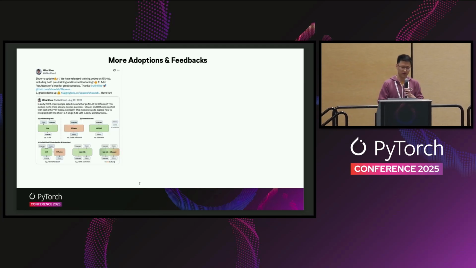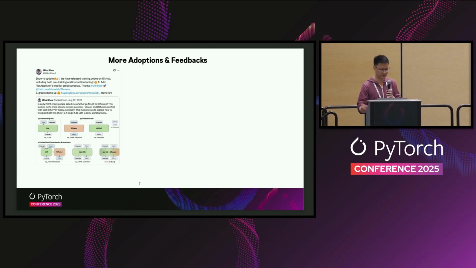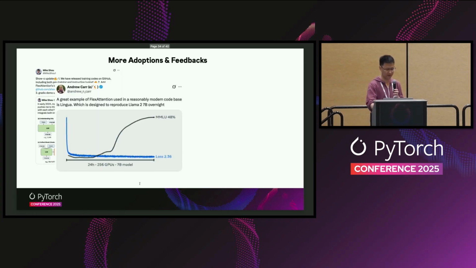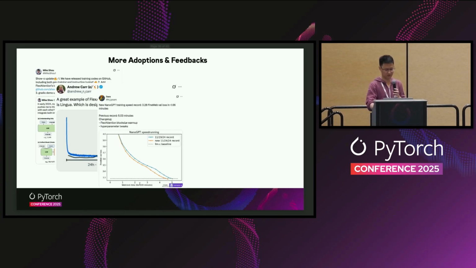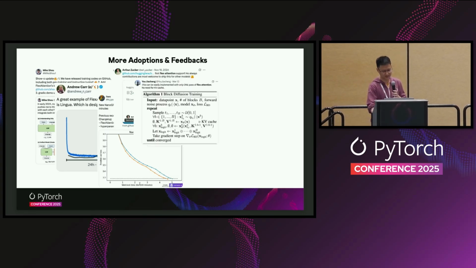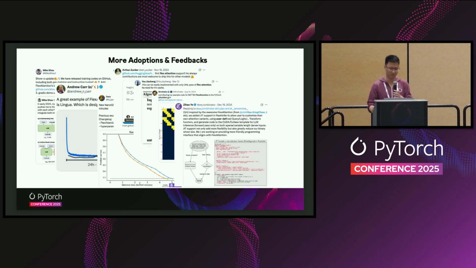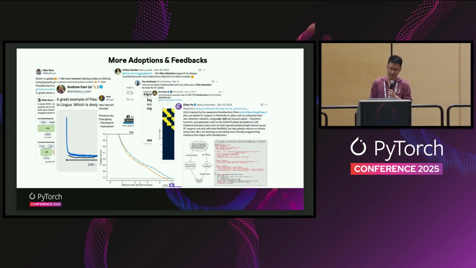And we also see more adoptions recently from different OSS users, like MacShow built something for their training, and we have Andrew Carr and Fern for the NanoGPT training speed run, for the Hugging Face, and Jia Chen and Nathan. So basically, we have more and more adoption and some early feedback.